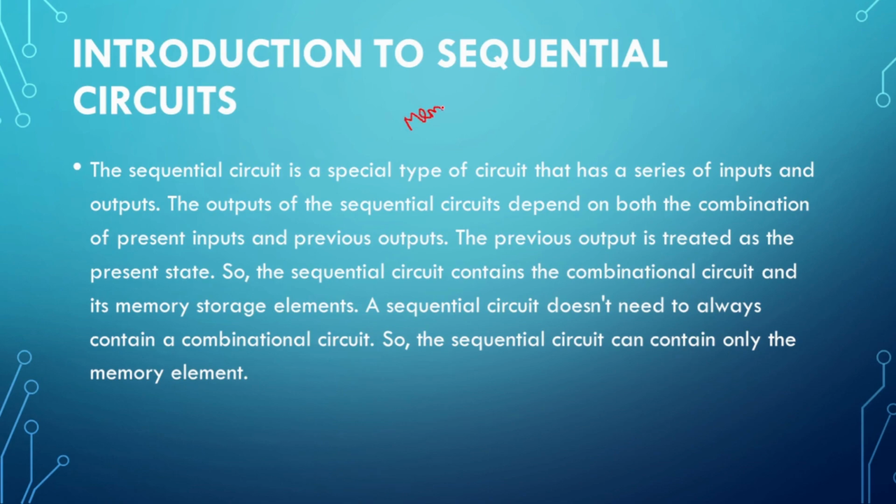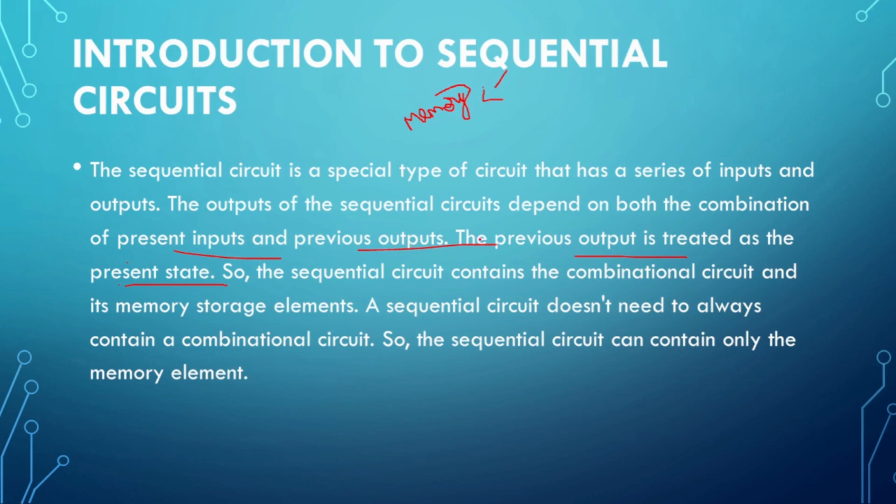The difference between a combinational circuit and a sequential circuit is that in a combinational circuit there is no facility to store data or information, but in a sequential circuit there is a facility to store the data, and it will provide the output based on present input and previous output. The previous output is treated as the present state in the sequential circuit.